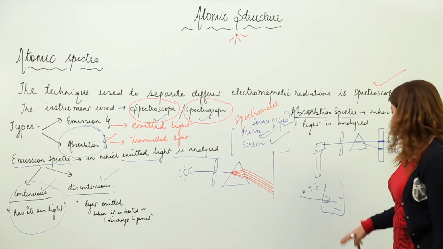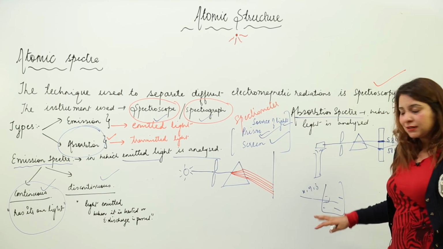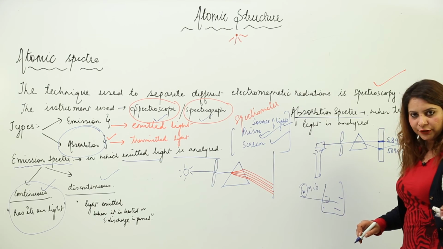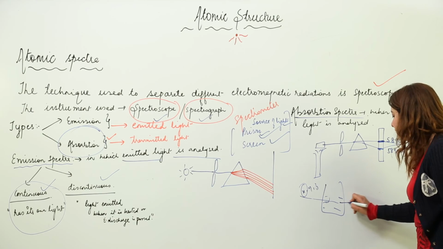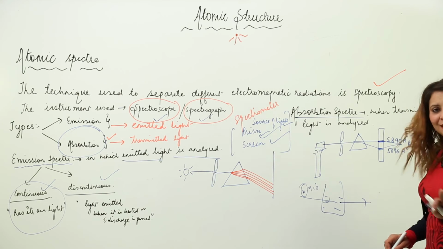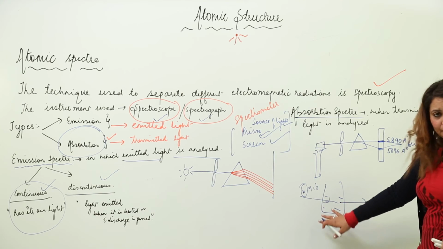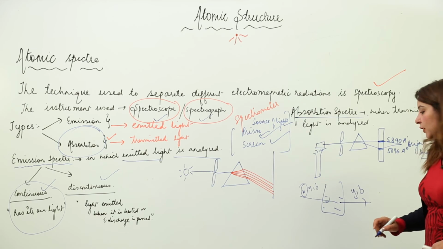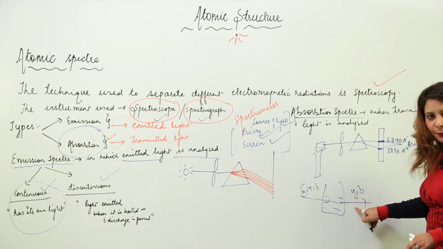Let's say the solution absorbs X. That means the light which moves out lacks X radiation, because X has been absorbed. It has only Y and Z. This is called transmitted light.